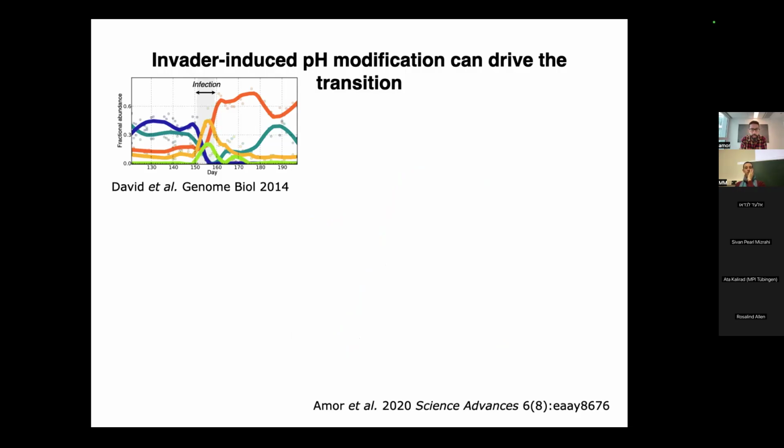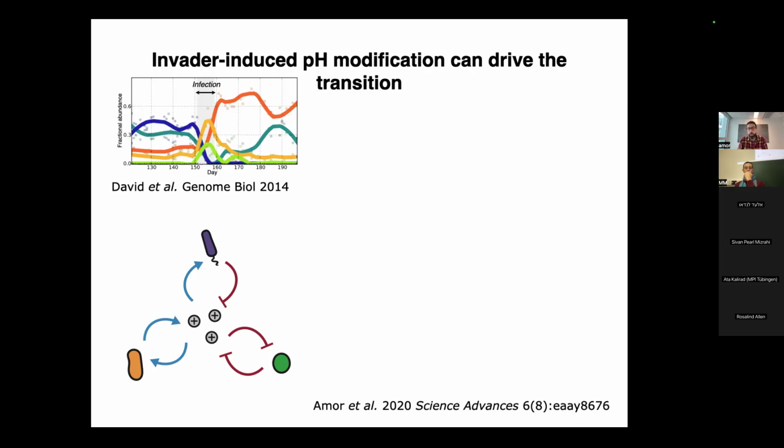But here, the nice thing about having this minimal system is that we can look into the mechanism to understand how these transitions happen. And as I introduced at the beginning, we have one microbe, the orange one, that is decreasing the pH. So it means that it's increasing the proton concentration in the system. And this is beneficial also for the growth of that microbe. And the opposite is true for the green microbe. What we found when studying the growth of the invader is that it had a different interaction with the pH.